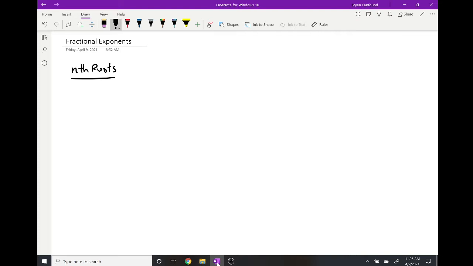And an nth root really is any real number that satisfies the equation x to the power of n is equal to a.